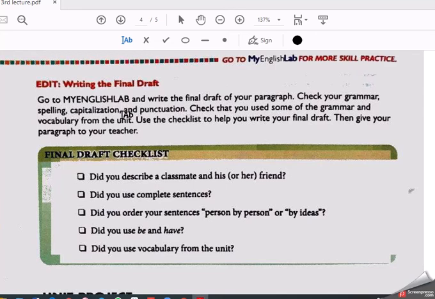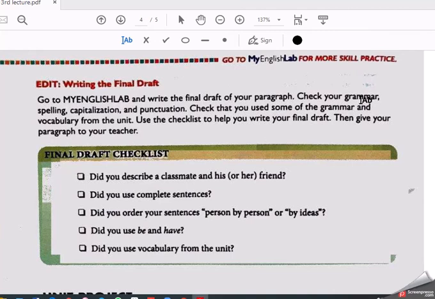How do we write the final draft? Go to My English Lab and write the final draft of your paragraph. Here, we don't care about this. We just write the final draft. Then we check our grammar. We see that all my sentences are correct.